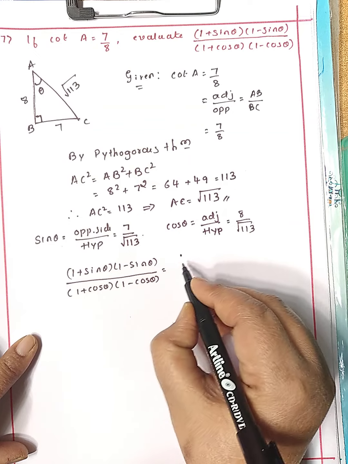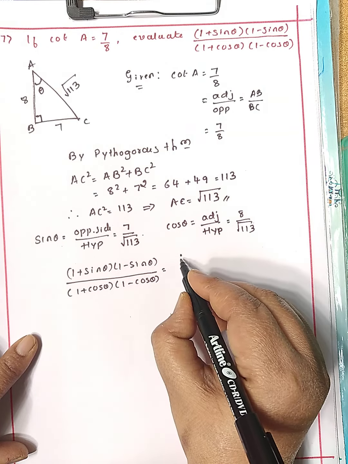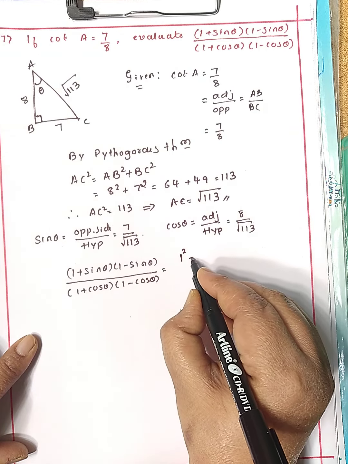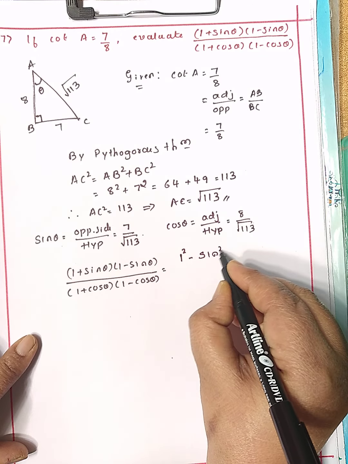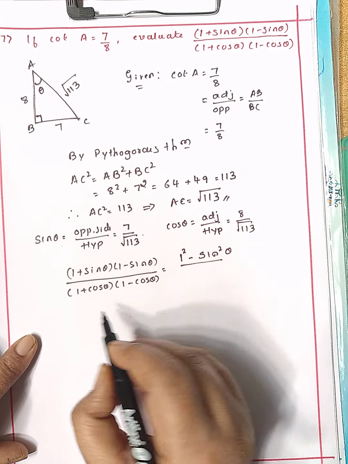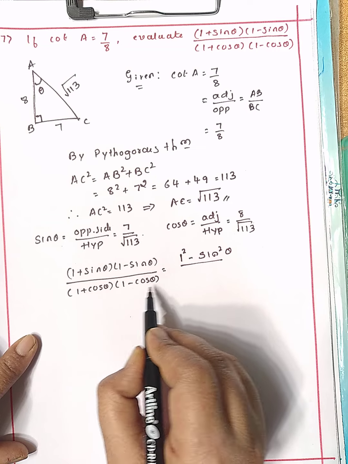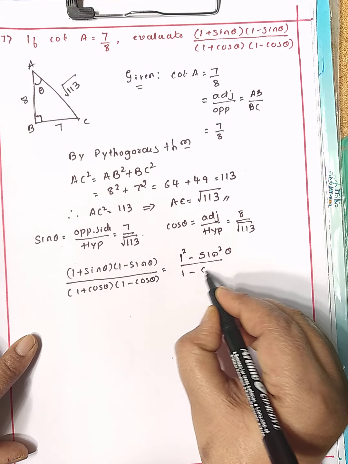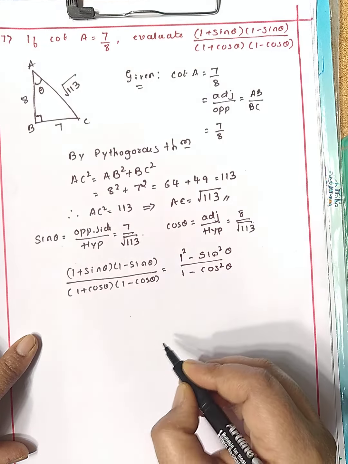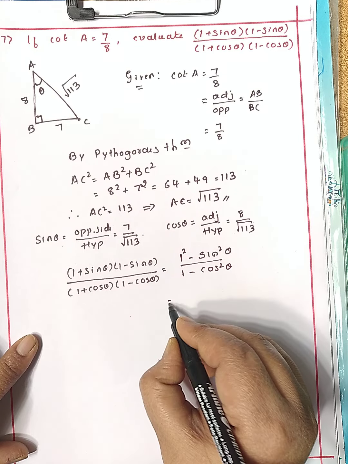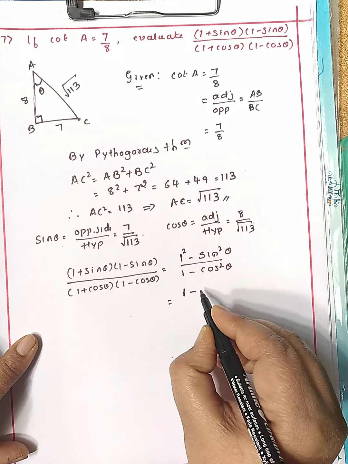A plus B into A minus B is A square minus B square. So this is 1 square minus sin square theta upon this also A plus B into A minus B, 1 minus cos square theta.